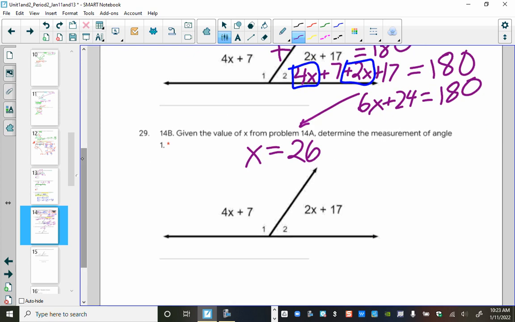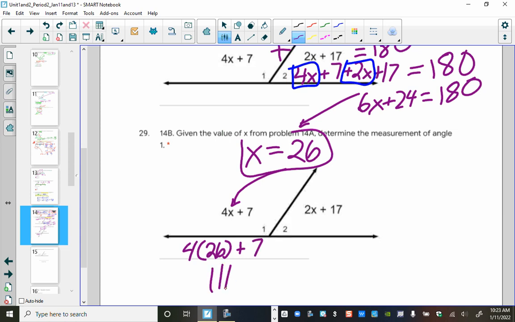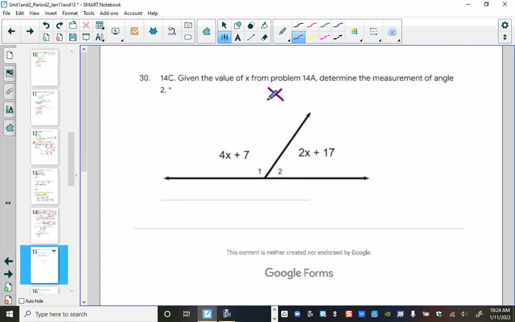Then you plug your x equals 26 into the first expression. 4 times 26 plus 7, you'll get 111. And then you keep that x equals 26 for the very last problem. Plug it here.